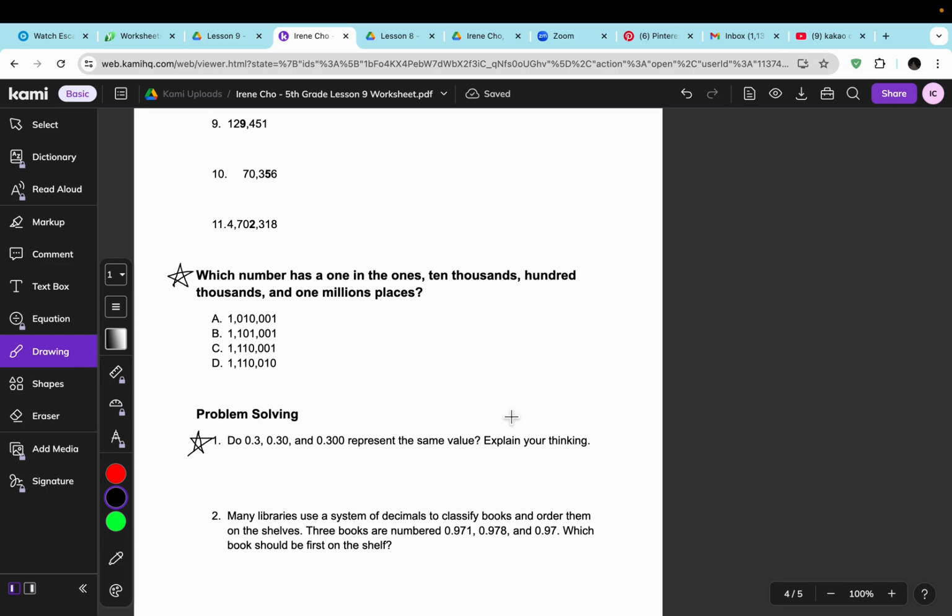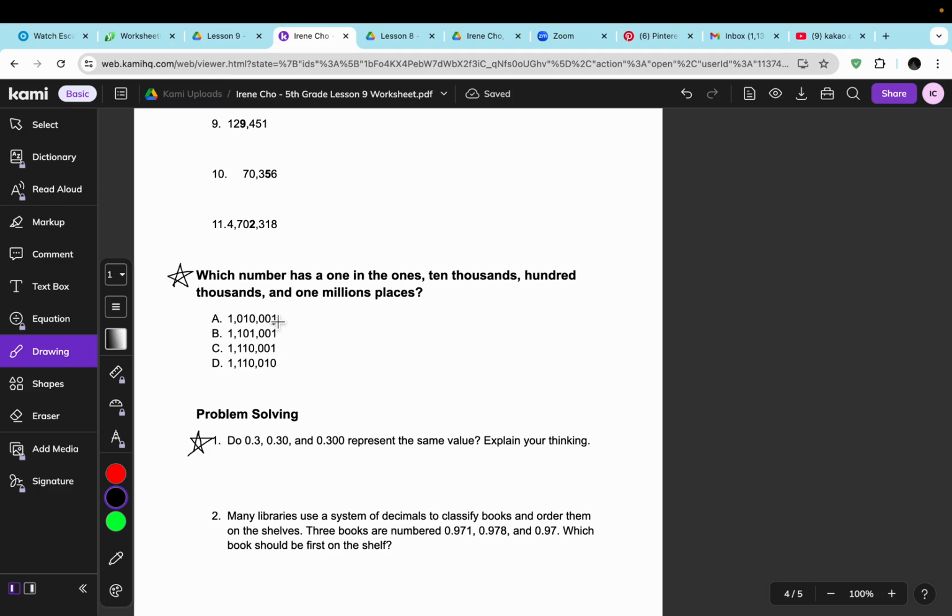For the next question, it says, which number has 1 in the ones, 10,000, 100,000, and 1,000,000 place? So it's asking for the 1s in those 4 places. Let's start from the very right and then move up to the left. The first question asks, which number has a 1 in the ones place?